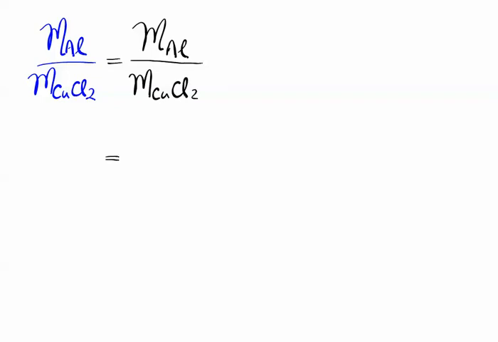So our mass of aluminum and our mass of copper 2 chloride. Well, how many grams did we actually have? We actually had 10, that's right.